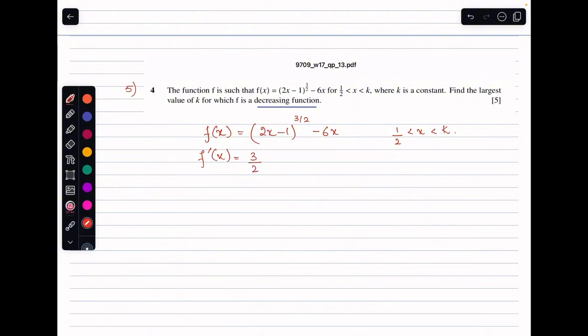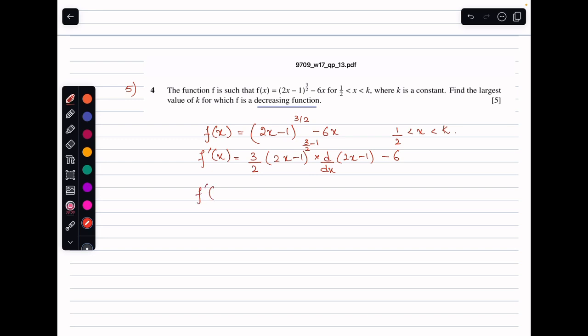The coefficient of 2x minus 1 is 1. Therefore 1 times 3 by 2 is 3 by 2. And here I will have (2x minus 1) to the power 3 by 2 minus 1. After that, I differentiate the function which is 2x minus 1. And then I have negative 6x, for which the differential is just negative 6.